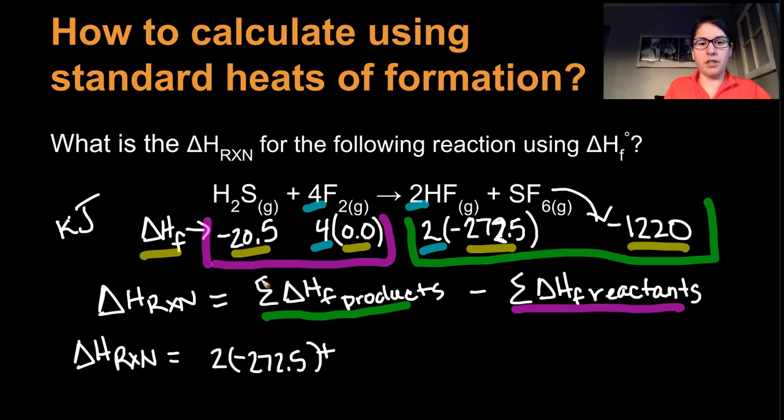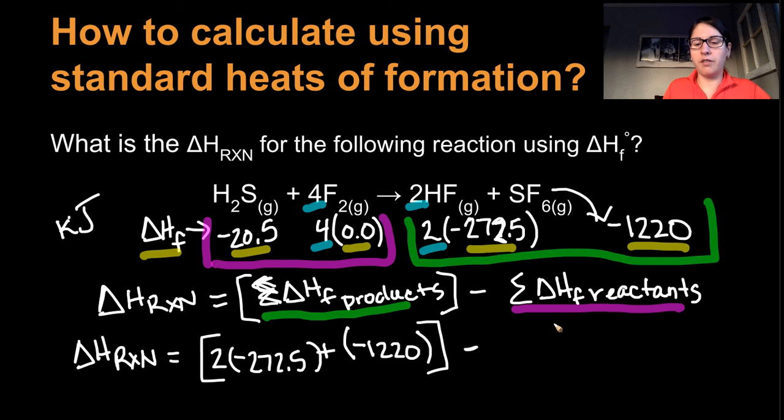Plus, because remember, it's the sum of, we're going to add our negative 1,220. Okay, so this is going to go here, in this bracket here. Okay, and then I'm going to subtract from that my negative 20.5 plus 4 times 0.